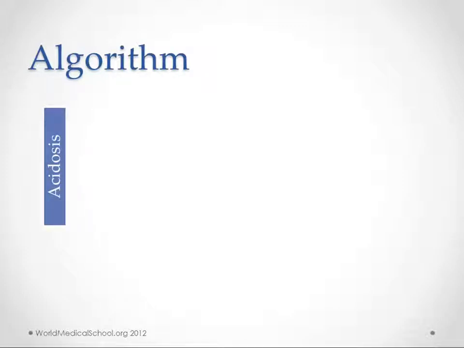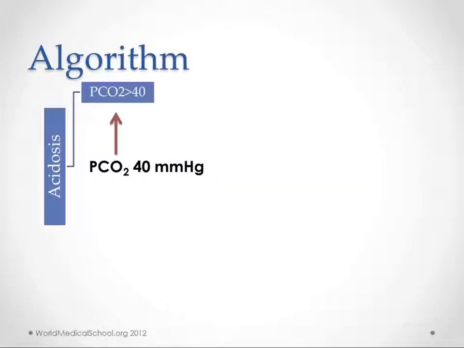So we got an acidosis. We start out by looking at our CO2 levels. So normal is 40. If it's more than 40, then we think respiratory acidosis. So we've got a pH that is less than 7.35, and then we've got a carbon dioxide that is greater than 40.